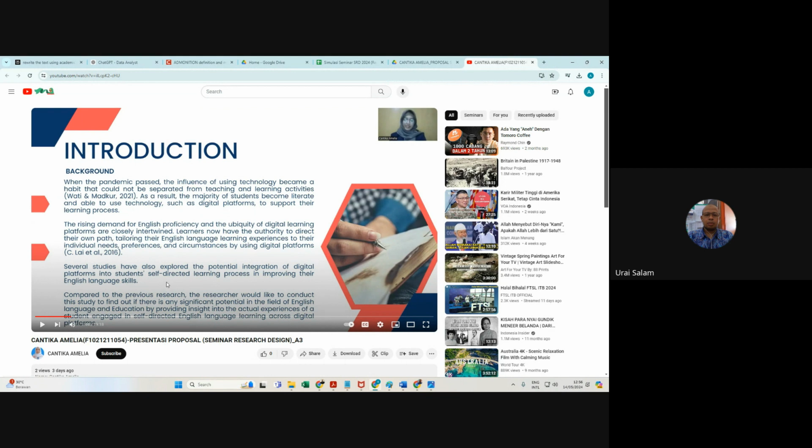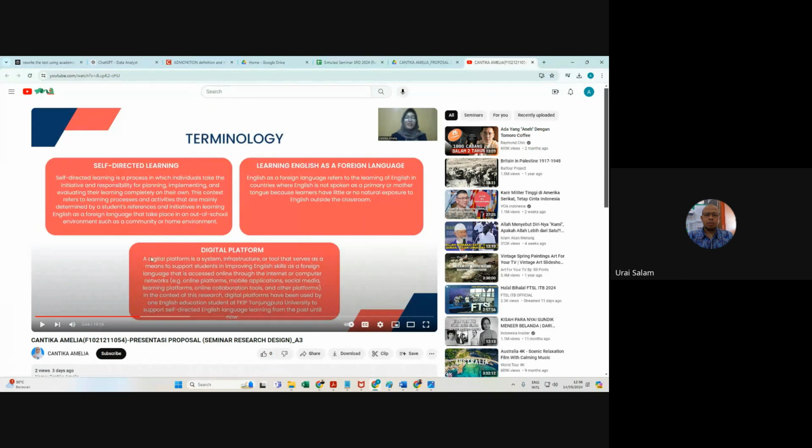It's not putting all things in your slides. Something like this terminology is also too much because it is very hard to see. It's actually only self-directed learning, learning English as a foreign language, digital platform, and then you have perhaps only a few words here just to help you explain what you mean by self-directed learning, not copy-paste this explanation from your paper.